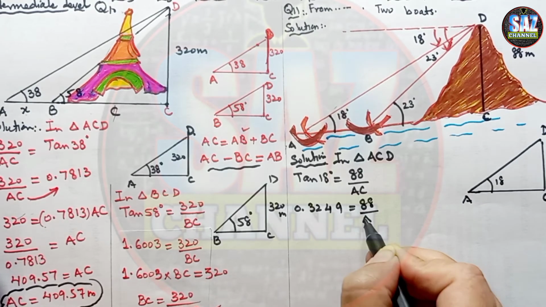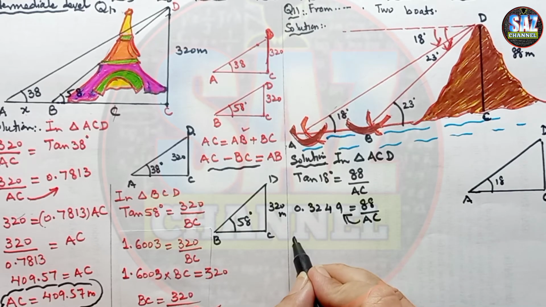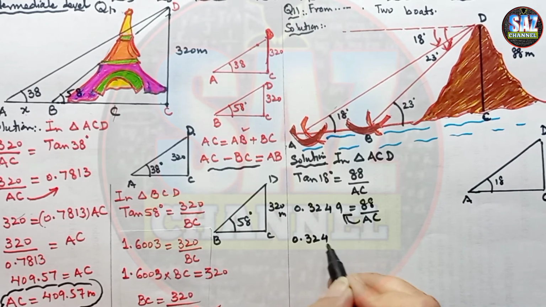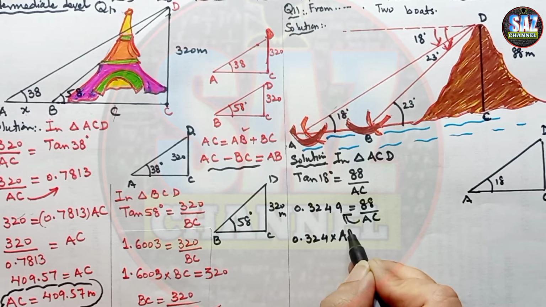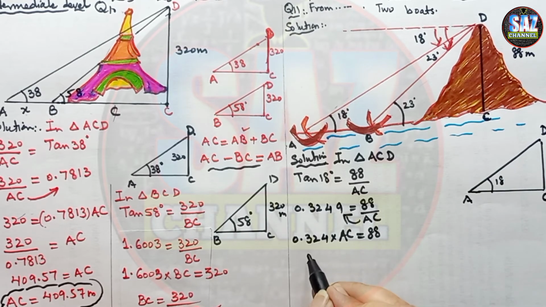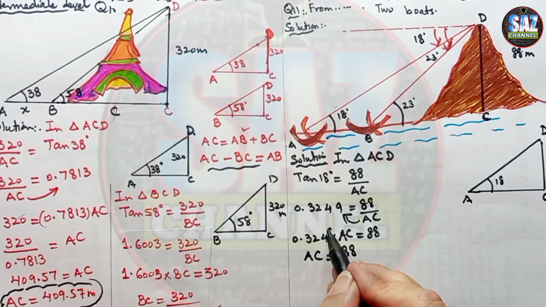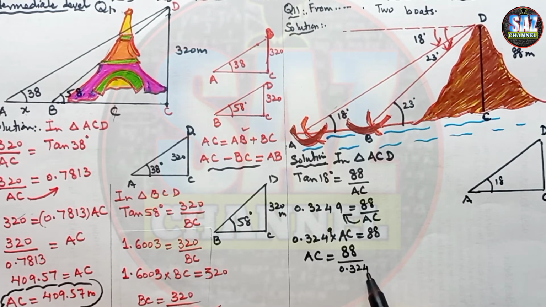Now the equation will take the form: shift AC to the other side. 0.3249 times AC equals 88, and AC will be equal to 88 upon 0.3249.